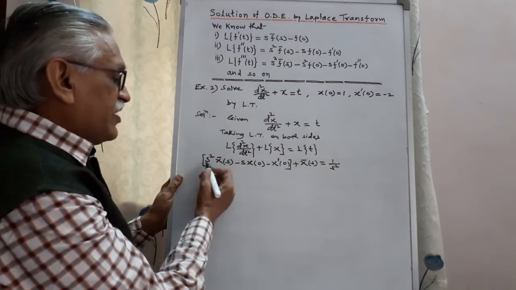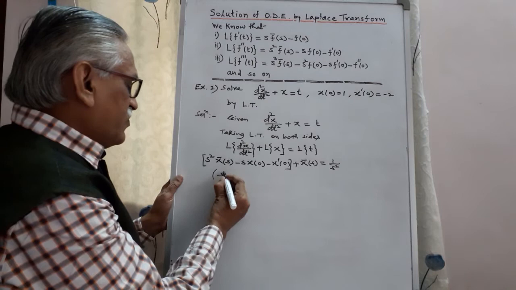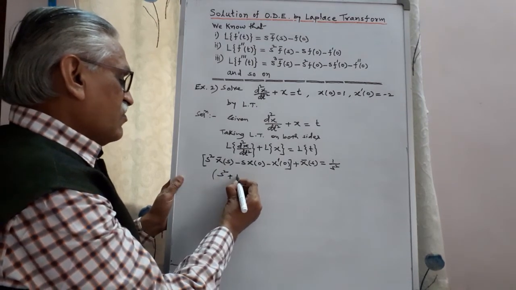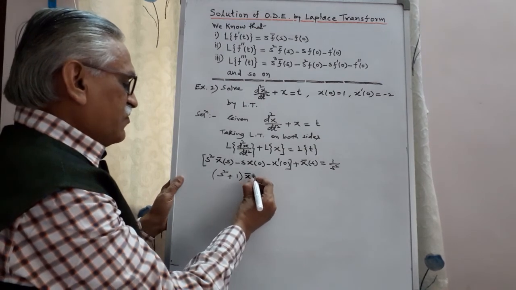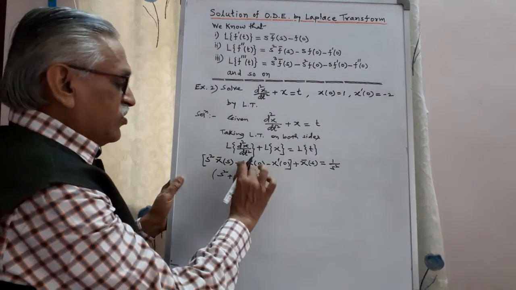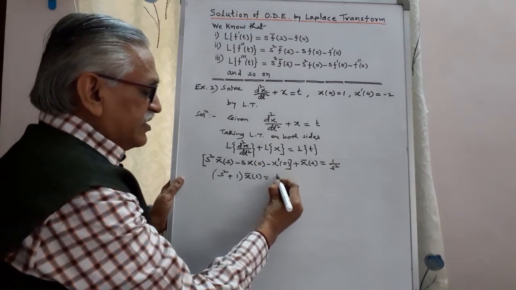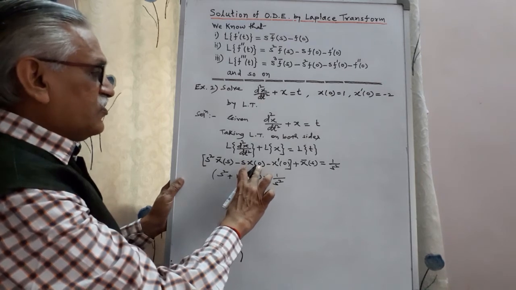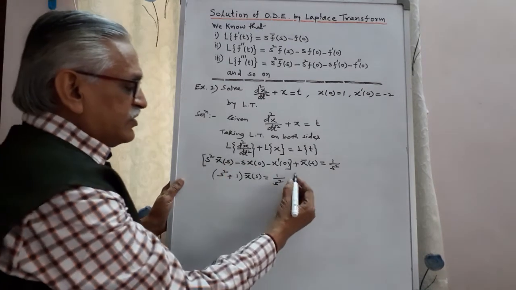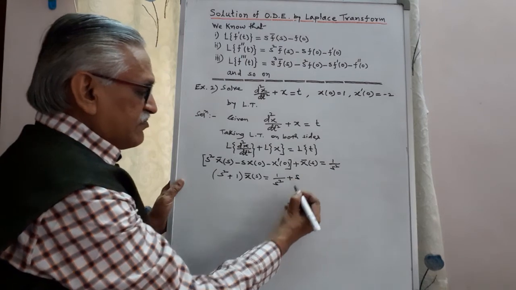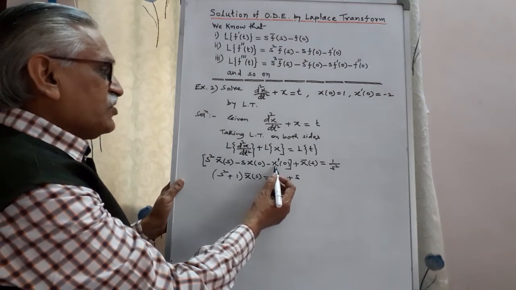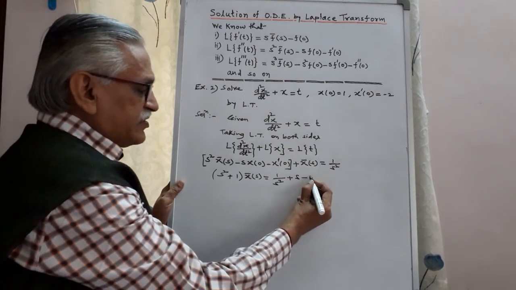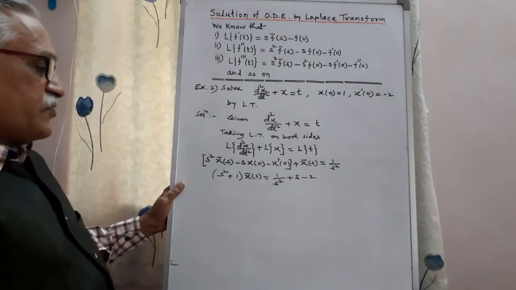Then collecting the terms of x bar of s, we get s square plus 1 into x bar of s, and all other terms we transfer to right hand side, 1 by s square. The value of x of 0 is 1, therefore minus s, if you transfer it becomes plus s. X dash of 0 is minus 2, minus becomes plus 2, if you transfer to right hand side it becomes minus 2.